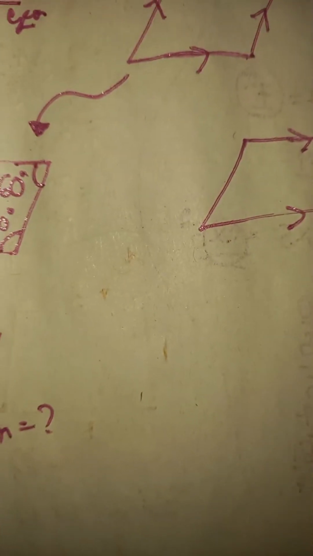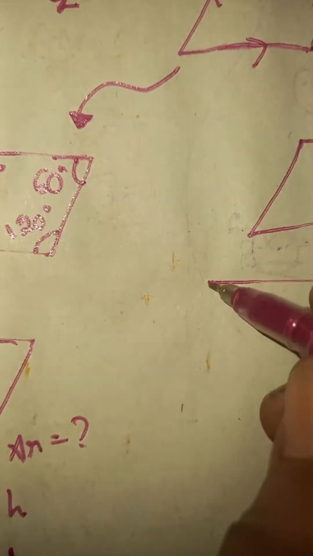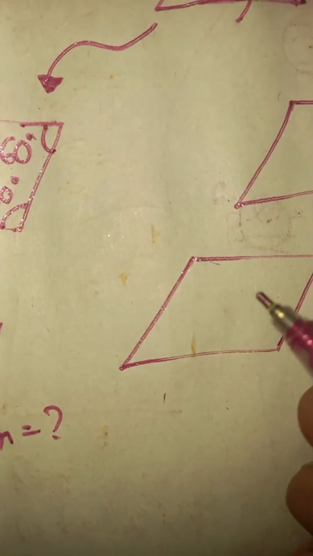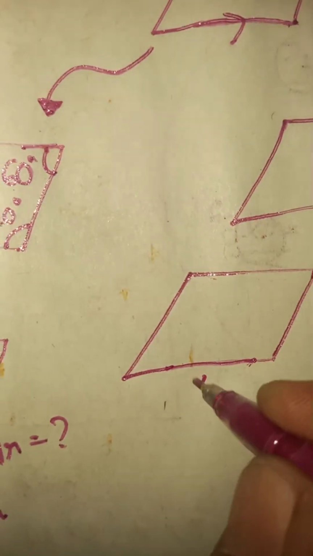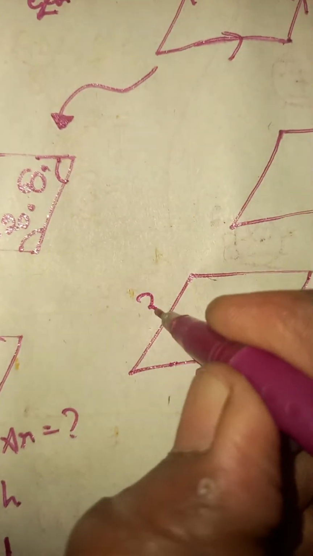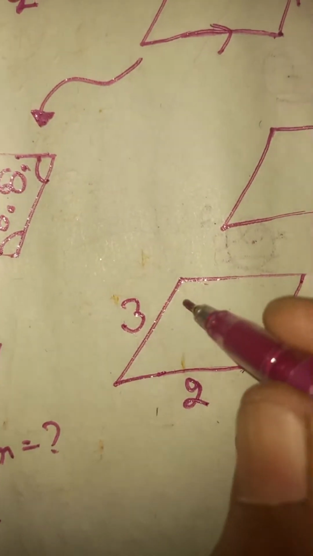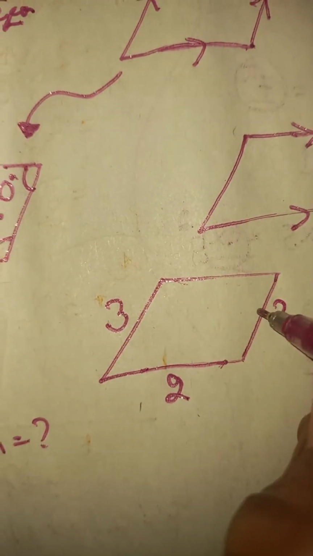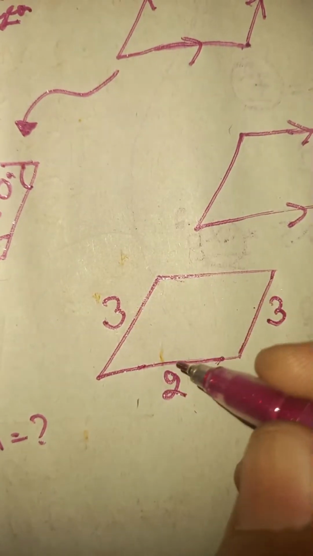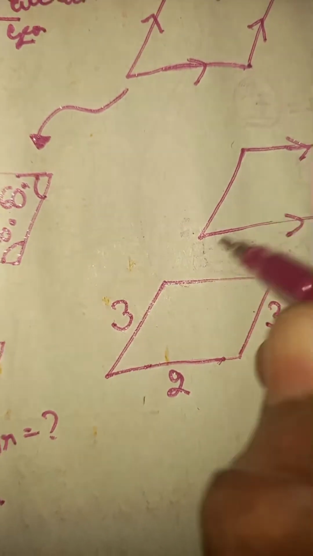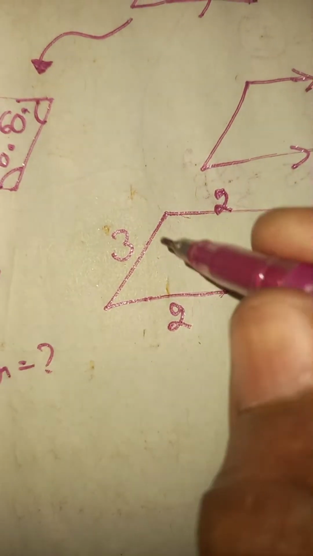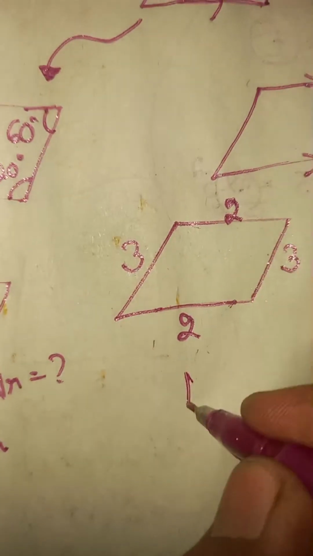And let's find how to find the perimeter of this parallelogram. You can take the parallelogram, and they have given this side as 2 units and this side as 3 units. In a parallelogram also, opposite sides are going to be equal. This side is going to be equal to the opposite side, and these two sides are equal.